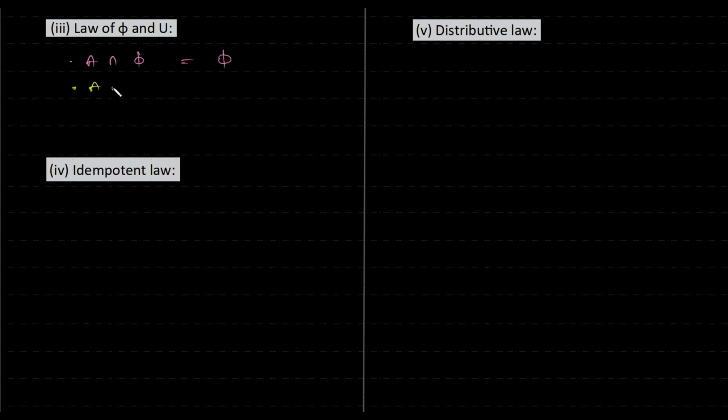Then A intersecting the universal set. So we have the universal set and we have the set A. What is common between these two? Yes, the set A itself. Does it make sense?